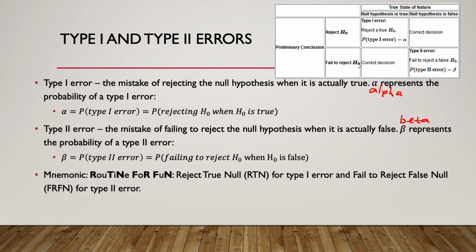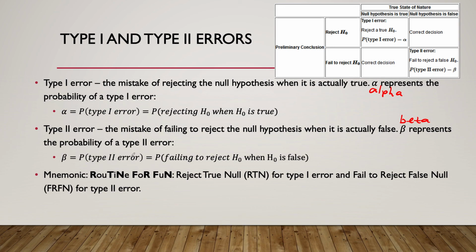If we fail to reject the null hypothesis, it's a correct decision if the null hypothesis is indeed true and we fail to reject it. But if we fail to reject the null hypothesis when the null hypothesis is false, that's the type 2 error. So fail to reject a false null hypothesis. The probability of type 2 error is beta.